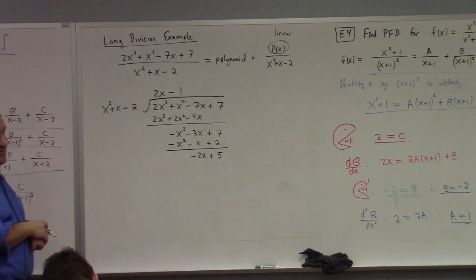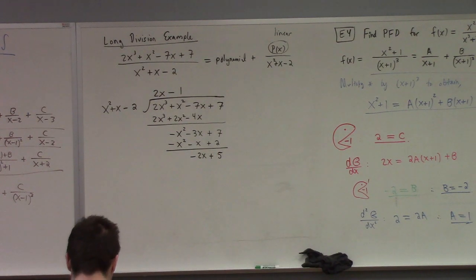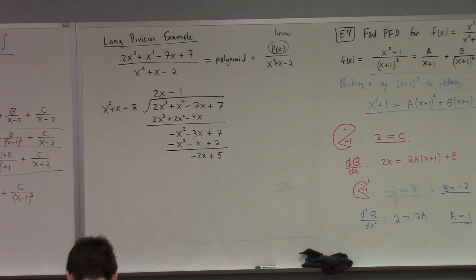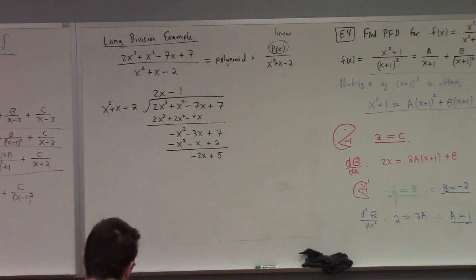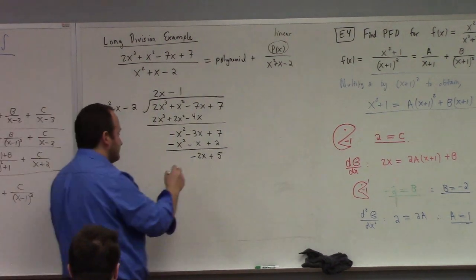This algorithm continues until the difference is of smaller degree than the divisor. The remainder, minus 2x plus 5, is degree 1, whereas we're dividing by a quadratic. We're done. That's the remainder.